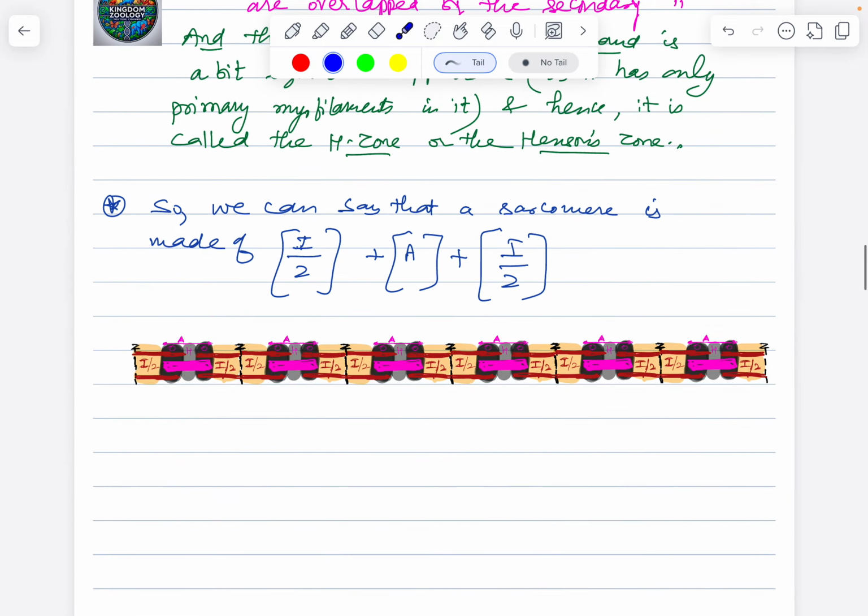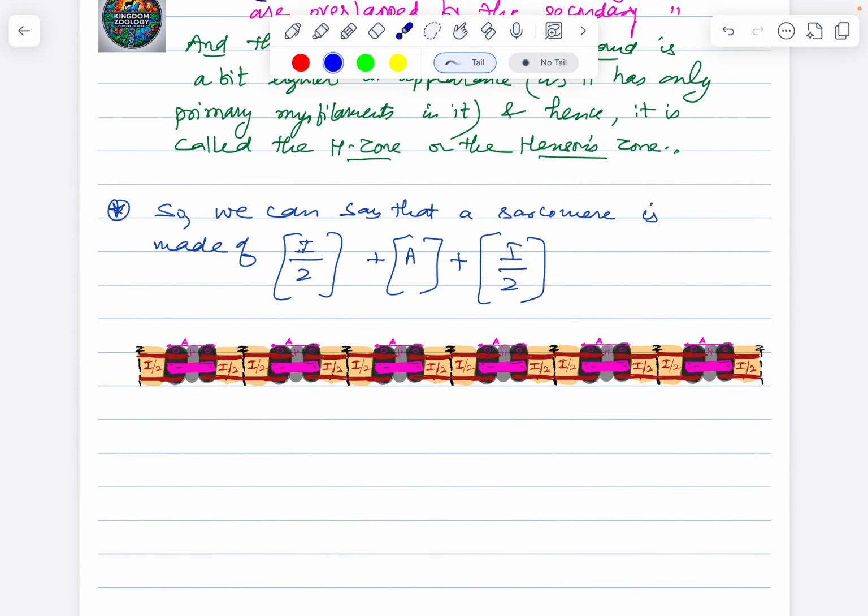So the structure that you're looking at in front of yourself right now is a structure that is made by joining a lot of sarcomeres together. When I join a lot of sarcomeres together, this is a sarcomere and this is a myofibril.